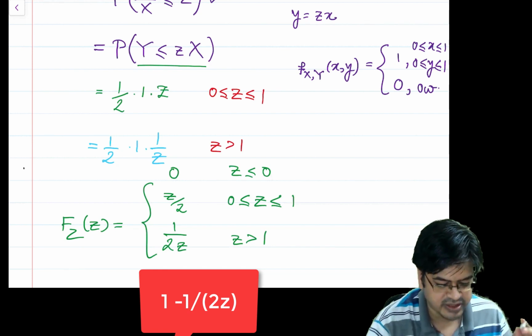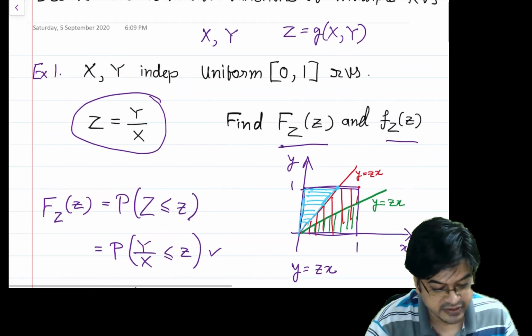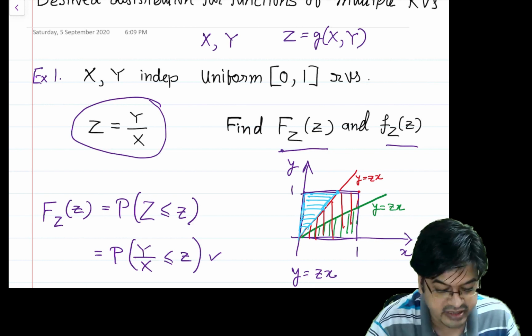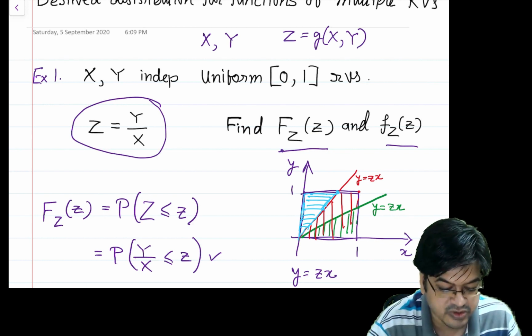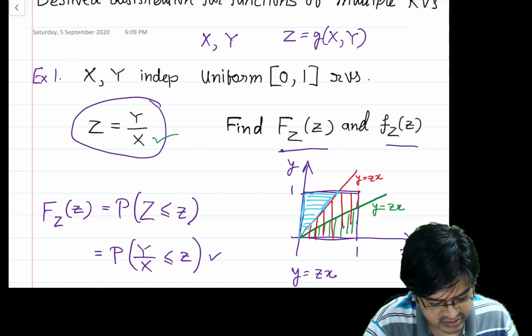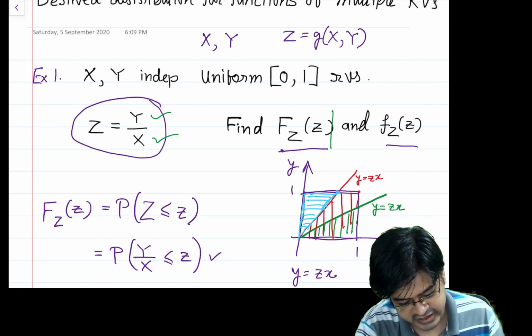So this is the complete description of the CDF. Now remember, this z is y by x, where x can go very close to 0, therefore the random variable is going to be an unbounded random variable.